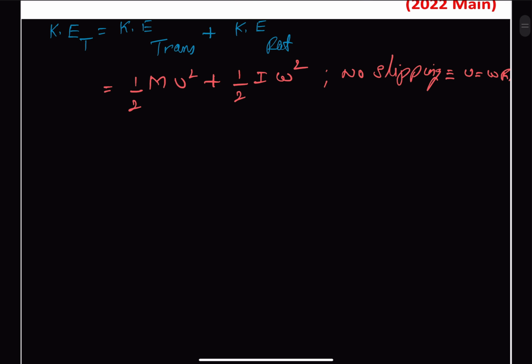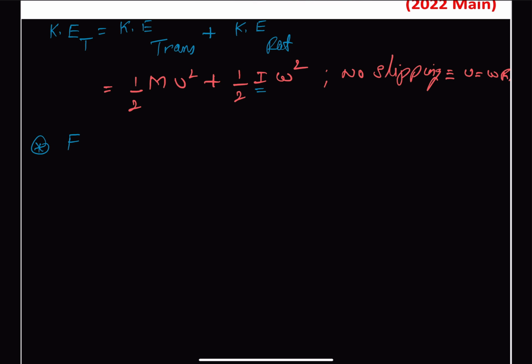We are interested here in I, which is the moment of inertia. For the solid sphere the moment of inertia will be different, and for the solid cylinder the moment of inertia will be different. So let's start with our solid sphere.